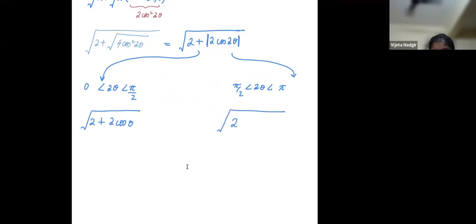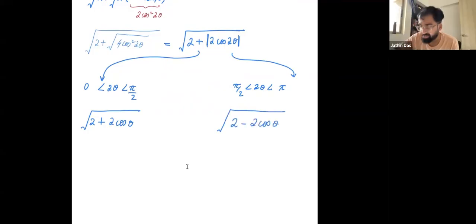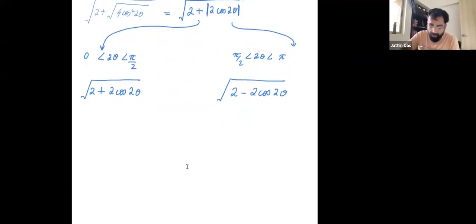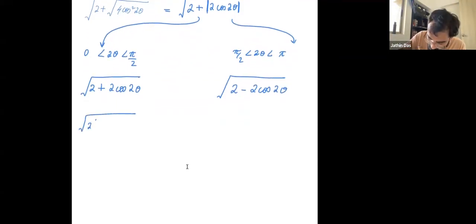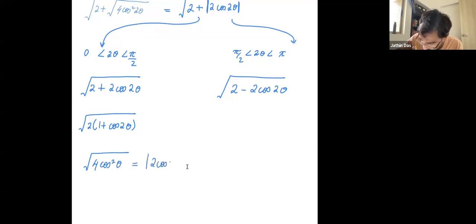Here mod will open negative because cos 2 theta is negative here. Now here 1 plus cos 2 theta, so that is 4 cos square theta. I think you understood how I got that, so that is mod 2 cos theta.